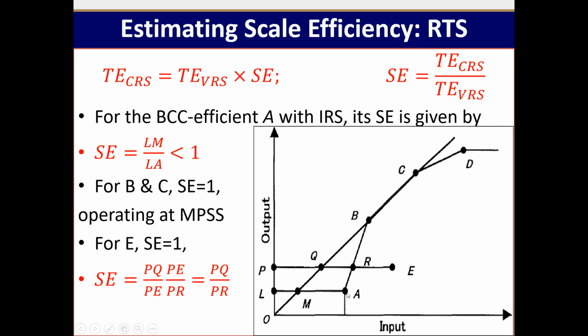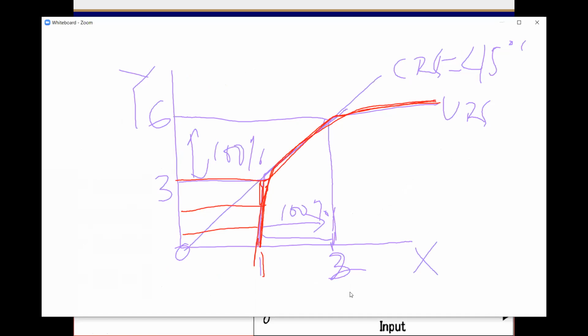Now, this same firm A, if we were to measure the CRS score for firm A, it will be the distance to the frontier, which is where M is. So it will be LM, the distance to the frontier, divided by the distance to the firm, which is LA. Now, whilst this might be a little bit confusing, let me just show you here.